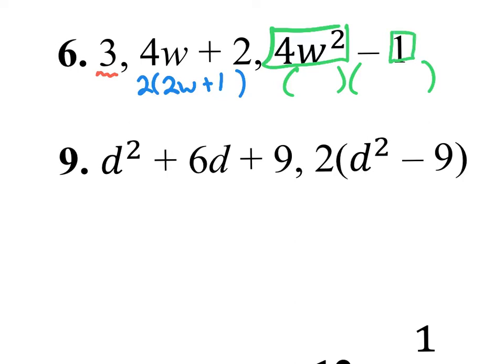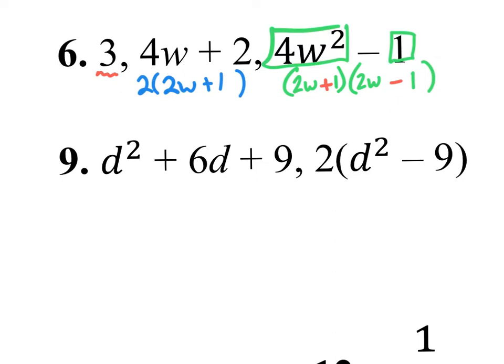So the square root of 4w squared is 2w, and the square root of 1 is 1. And of course, because it's a binomial, not a trinomial, the middle term has to cancel out. So 1 has to be a plus, 1 has to be a minus.